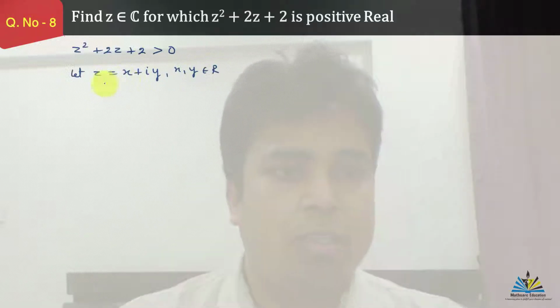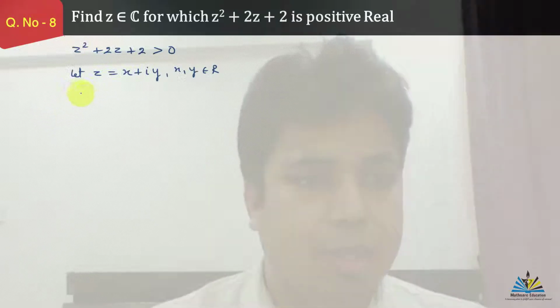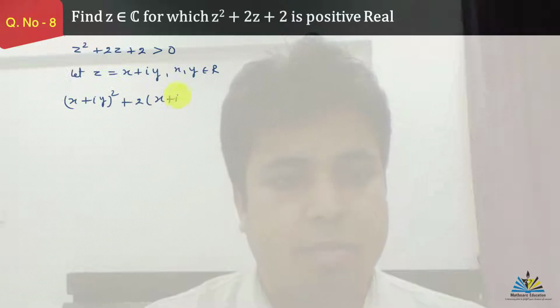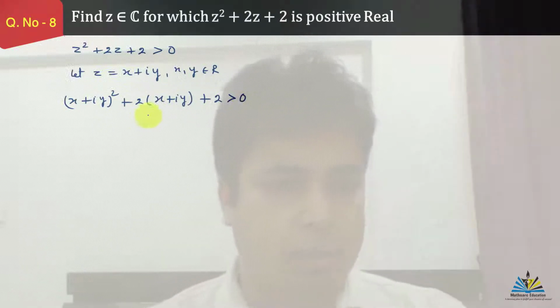If we put z equal to x plus iota y in this expression, then we need x plus iota y whole square plus 2 times x plus iota y plus 2 to be greater than 0.